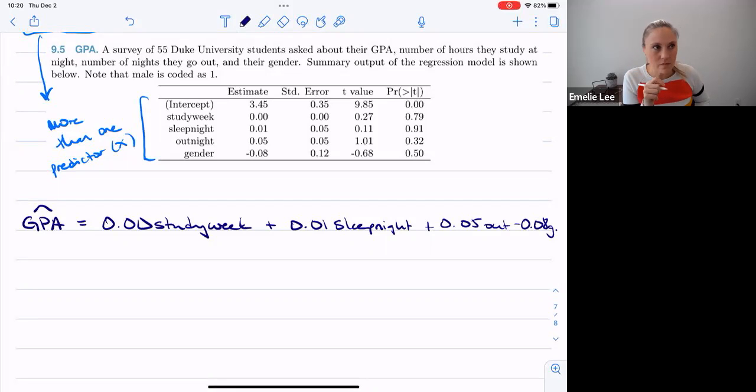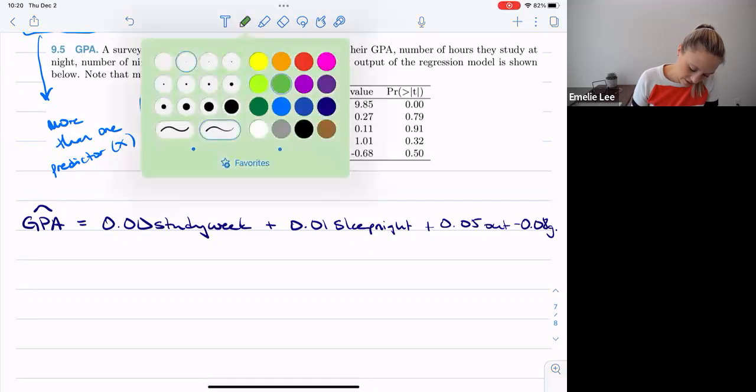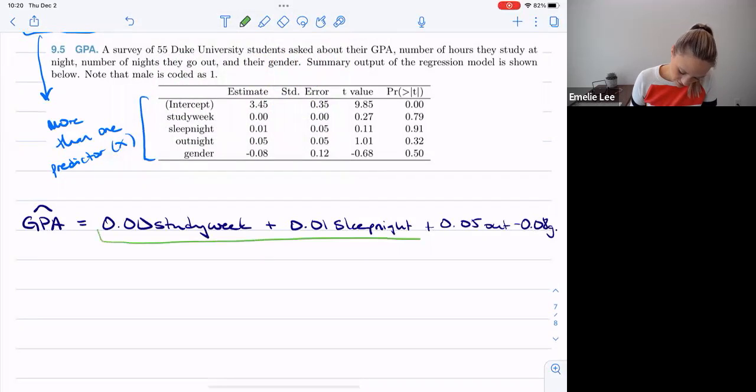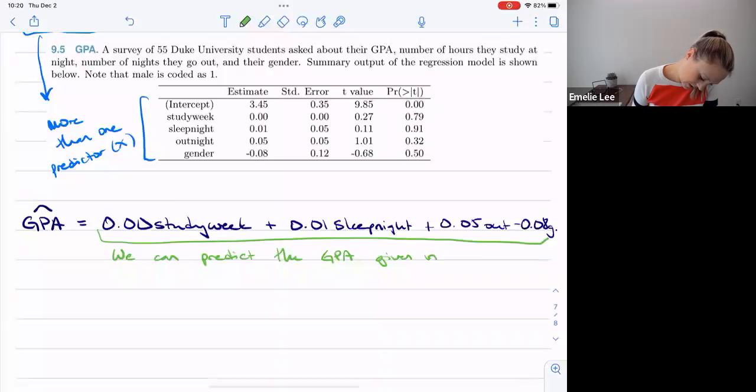So you can make predictions given inputs. Here we can predict the GPA given inputs for each of these variables.